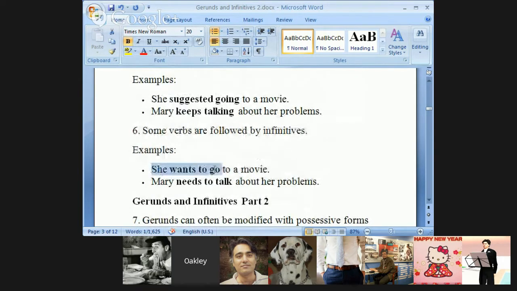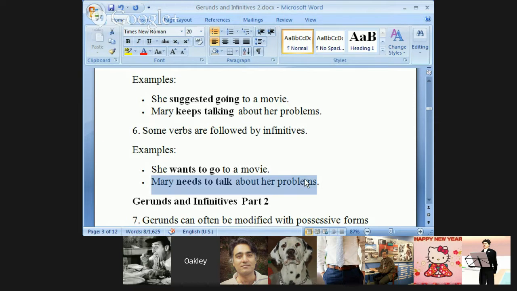She wants to go to a movie. Okay, well, it's the same one, but okay. Mary needs to talk about her problems. Wait a minute. Leisha, can I use a gerund after needs?